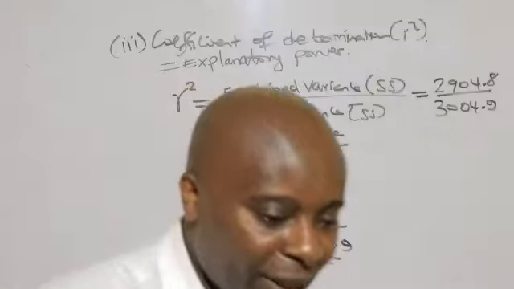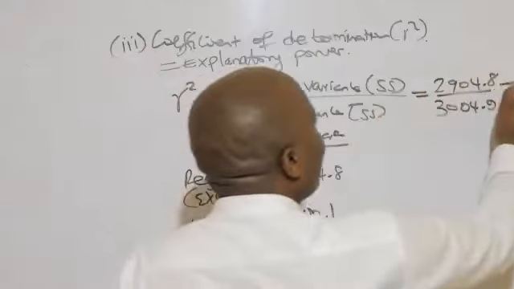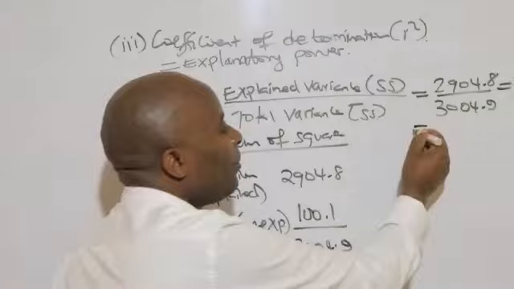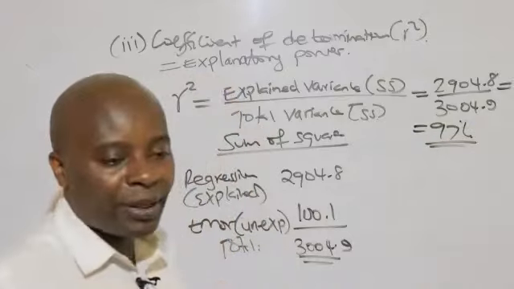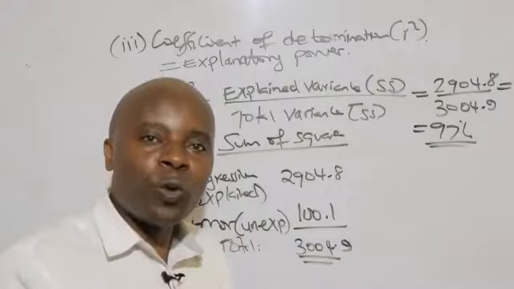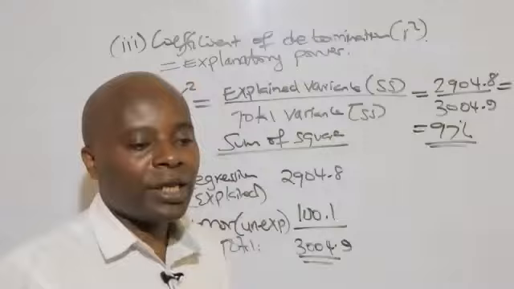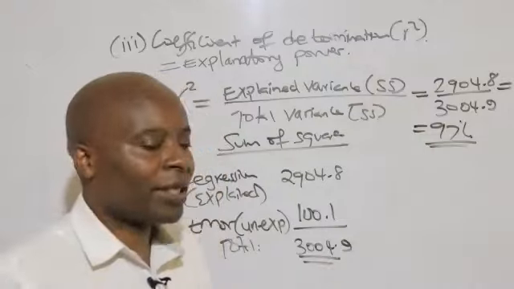Somebody is telling me 97%. So 97%, this means a perfect model, a model that is very good for the purpose of prediction. 97% is excellent.